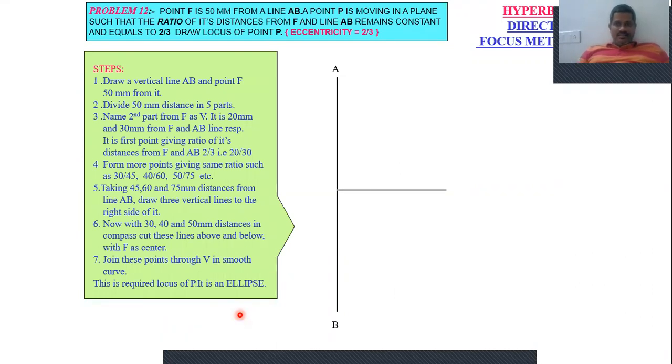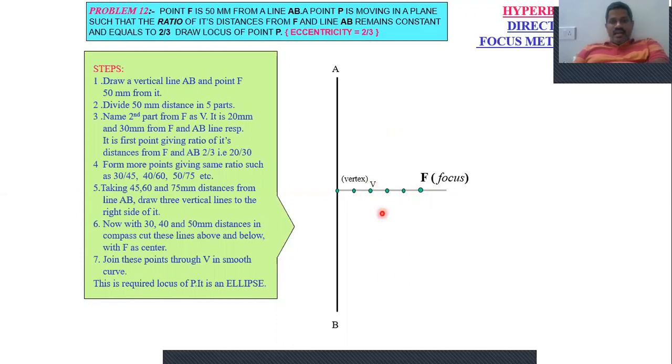In this problem, the focal point F is at 50 mm from the fixed line, that is the directrix. Locate the focal point at 50 mm. Then divide this into 5 equal divisions and name these points 1, 2, 3. Locate the vertex point, because the eccentricity is 2/3, at 3 divisions here.